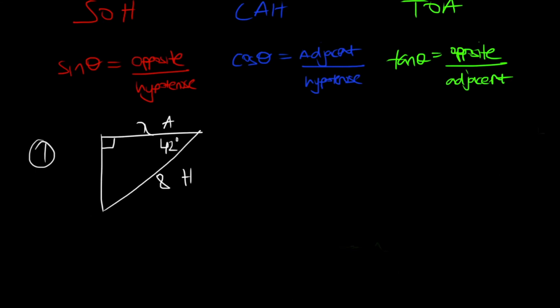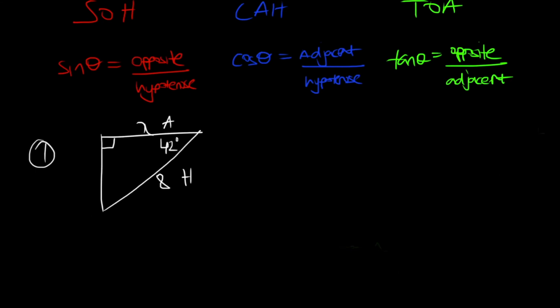You might find yourself writing out that this is the adjacent side and this is the hypotenuse, but you might not remember which trig ratio to use, in which case this mnemonic will be very helpful. I can just go SOH, CAH, TOA, CAH, adjacent and hypotenuse, and I'll know that I have to use the cos ratio. So cos is equal to adjacent over hypotenuse.